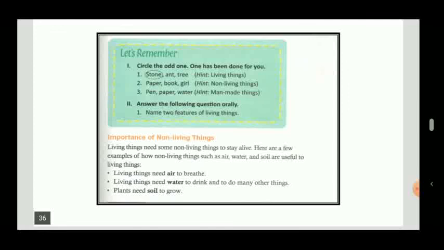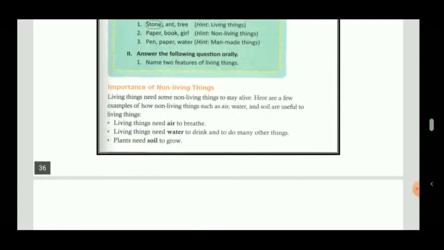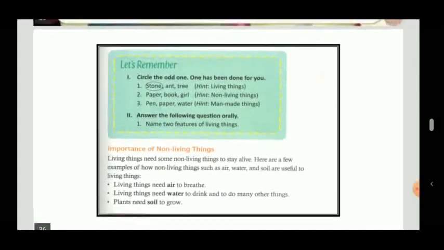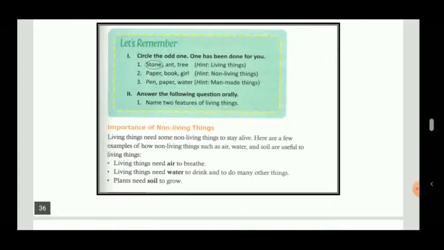Some plants, like climbers, move from one place to another with their branches. So living things need non-living things like air, water and soil to grow. So these are the most important things for living things to live.